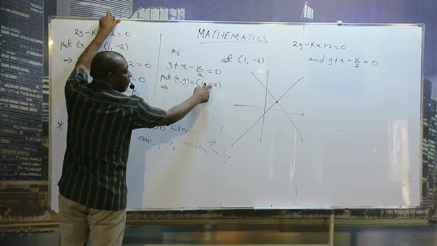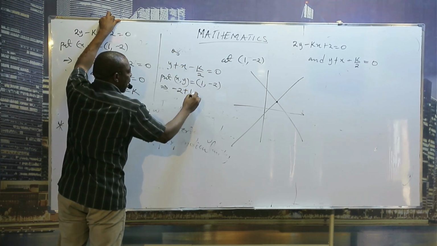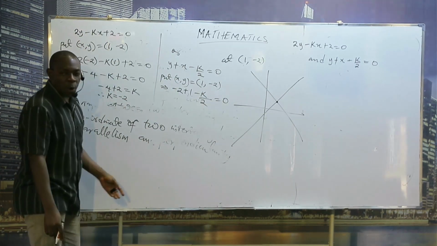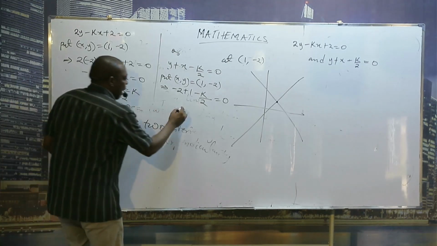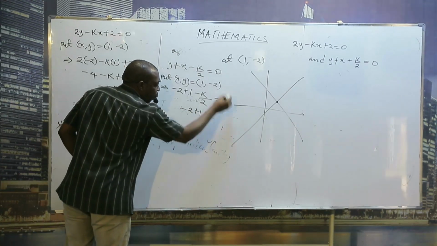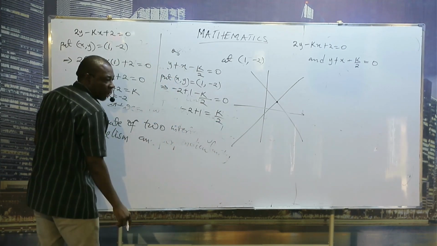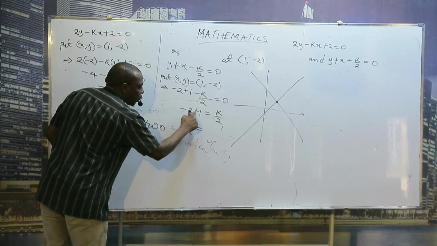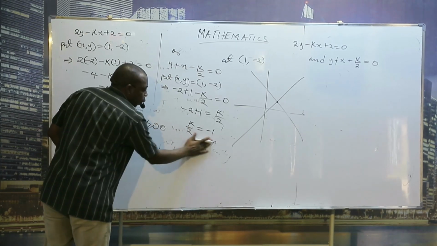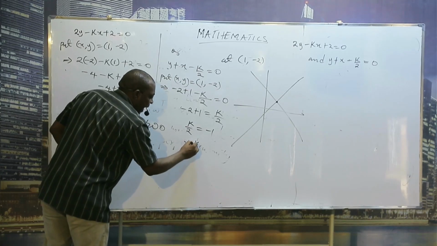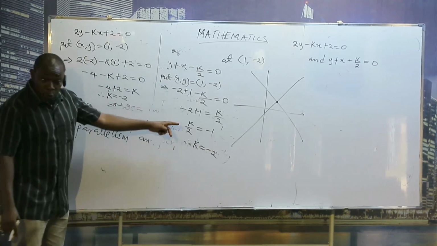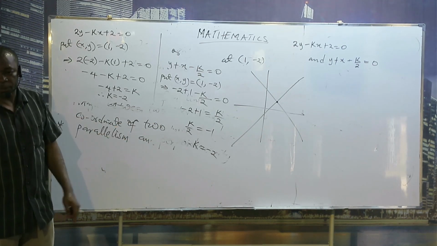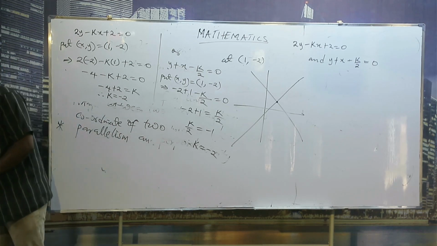Y is minus 2, x is 1, minus k over 2 equals 0. Collect, minus 2 plus 1 gives you minus 1, so k over 2 minus 1 equals 0. Therefore k gives us what now? Do you see that any which way you go, you arrive at the same answer? Right. Next question.